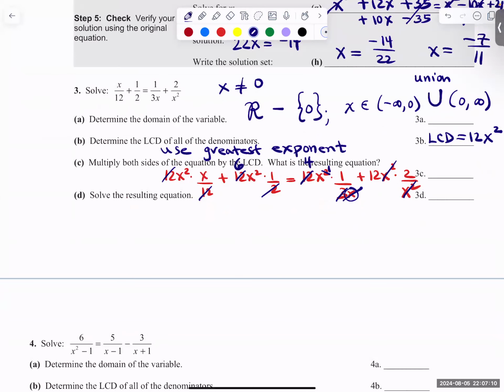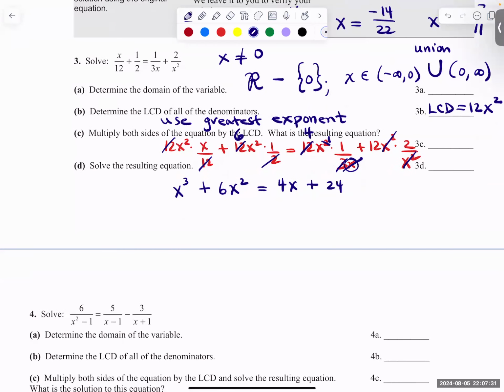So we have x to the third, a cubic, plus 6x squared equals 4x plus 12 times 2 is 24. So here's a cubic equation, a polynomial equation with 4 terms.